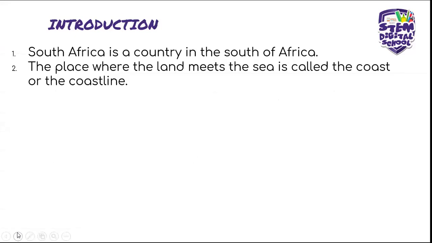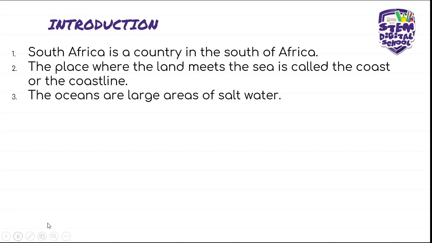South Africa is a country in the southern part of Africa. The place where the land meets the sea is called the coast or the coastal plain, okay? The oceans are large areas of salt water. So oceans are around the South African map. Those waters found in the ocean have salt.